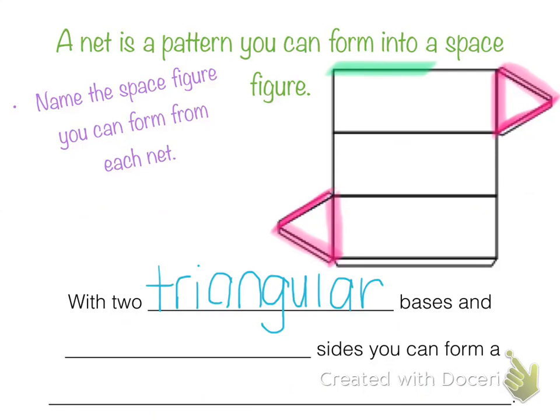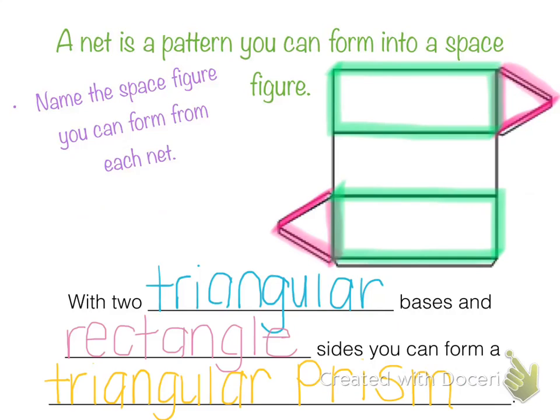And our sides are actually, again, in the form of rectangles. So if you recall from earlier, whenever we have rectangles, we actually are creating a prism. So we're going to name this based on its bases. So the prism's name is the triangular prism.